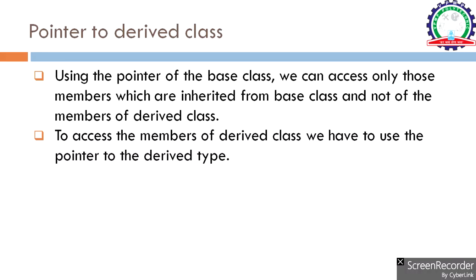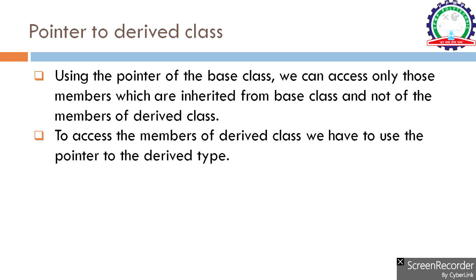That means if the pointer of the base class is declared and we use that pointer to access the members of the derived class, then it is not possible. We can access only those members which were derived from the base class. Only those members can be accessed using the pointer of a base class.